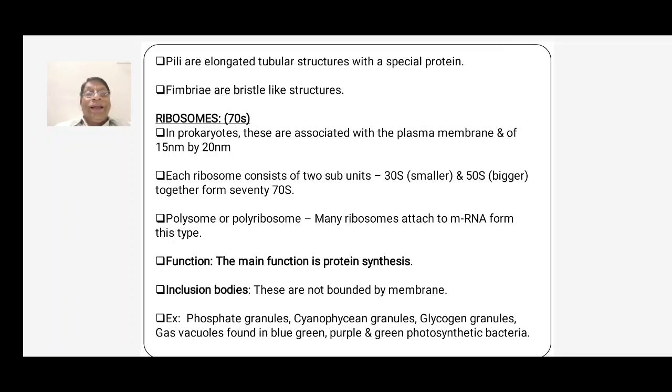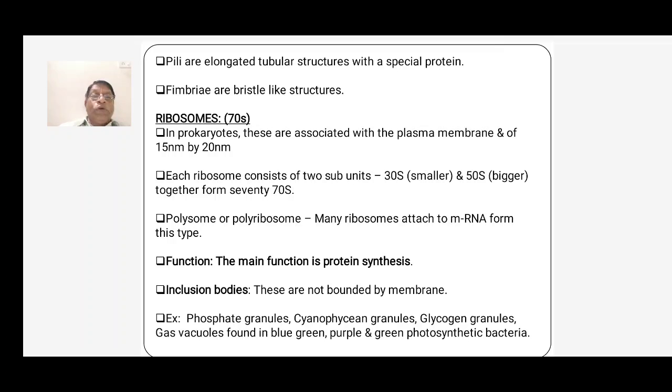But bacterial ribosomes and cyanophycean ribosomes are one and the same. That is, they are of 70S ribosomes. Okay. Now you know the meaning of polyribosome or polysome.